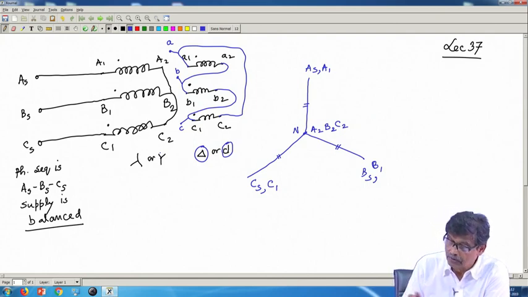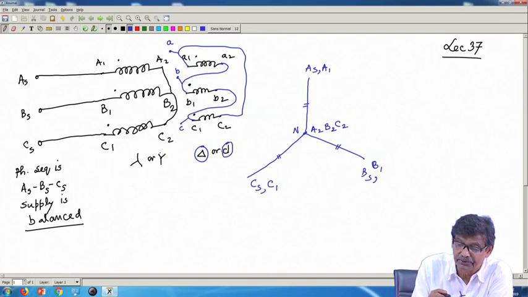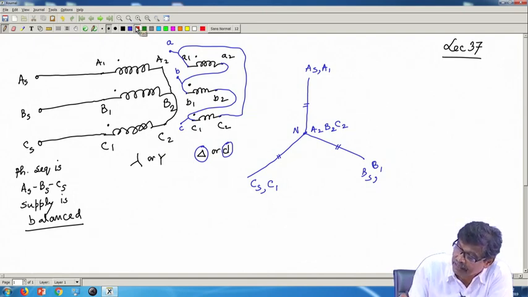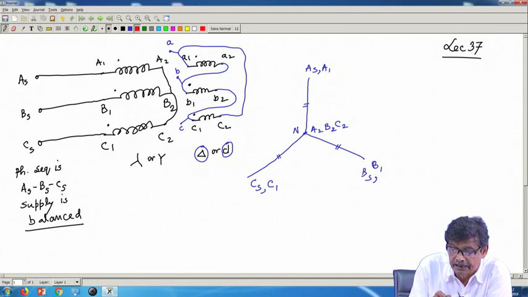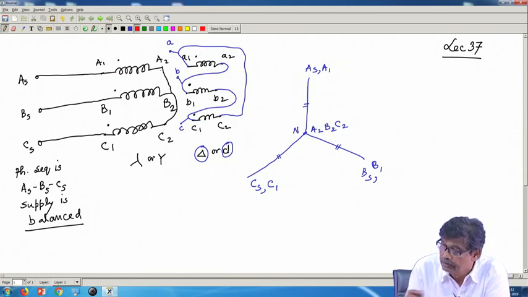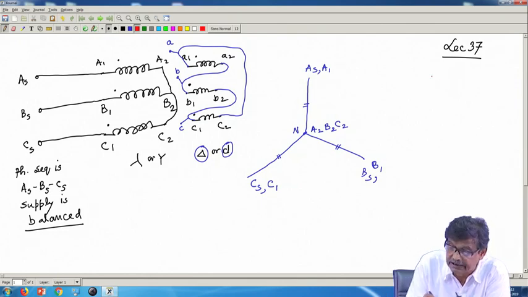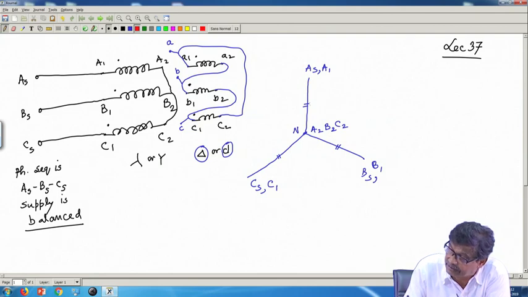Okay. Now, based on this you can easily see the secondary voltages. Since the voltage applied across the primary of transformer A is A1 A2, the secondary voltage small a1 a2 will be parallel to this length.